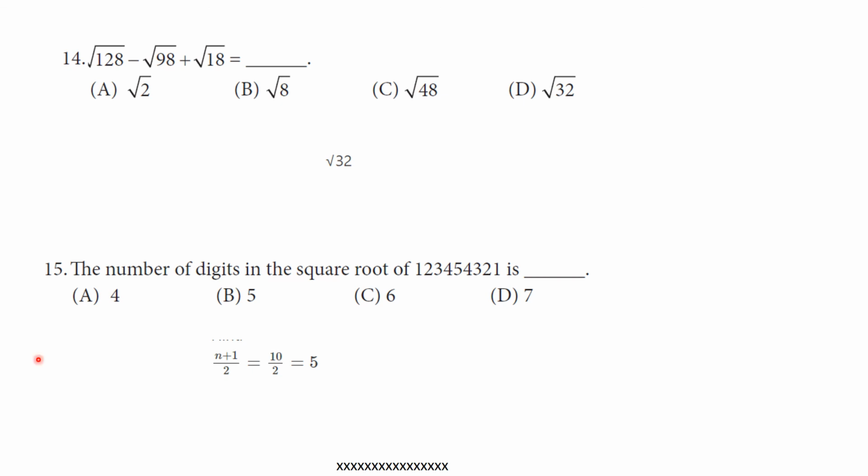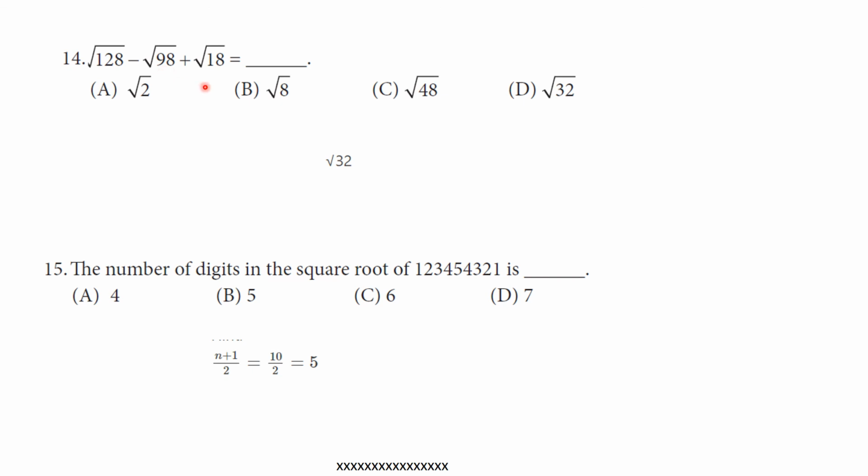The square root of 128 minus square root of 98 plus square root of 18. First you have to split. Square root of 128, we can write as 64 into 2. Square root of 64 is 8, so 8 root 2. Like that you write square root of 98 also as 49 into 2, 7 root 2.